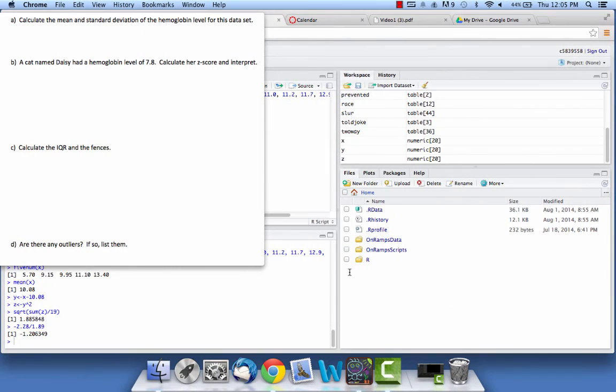So that's 7.025 and 14.025, and the question is, are there any outliers?